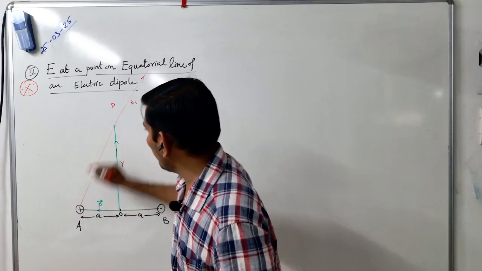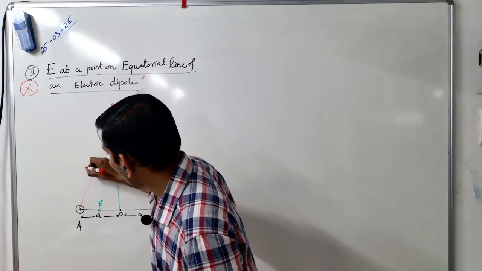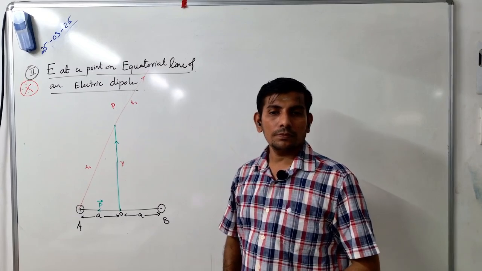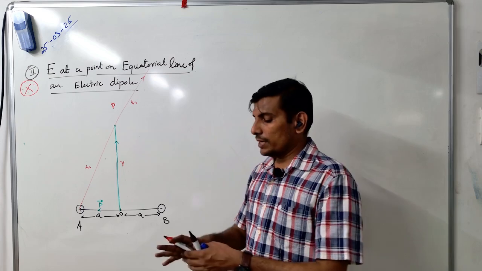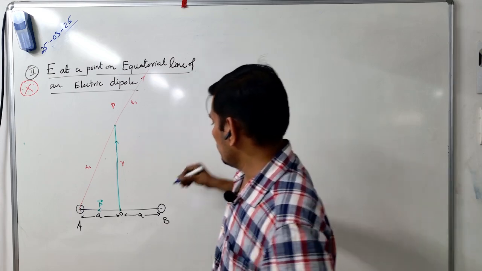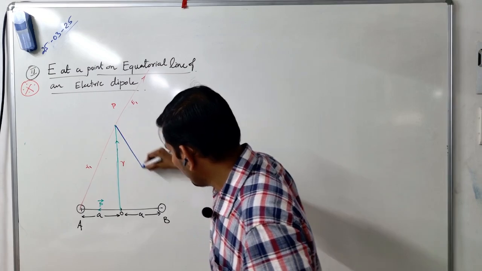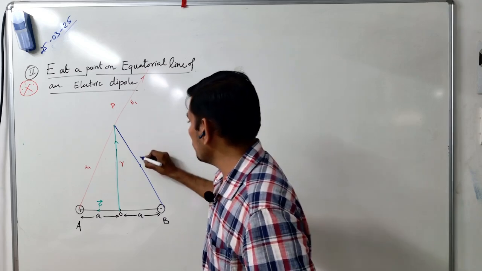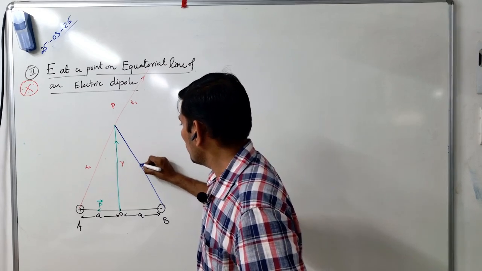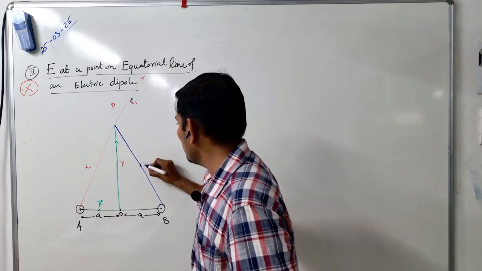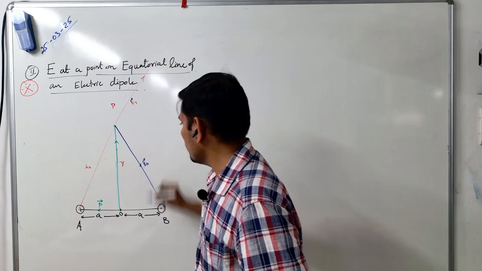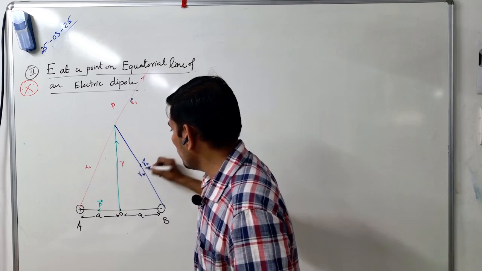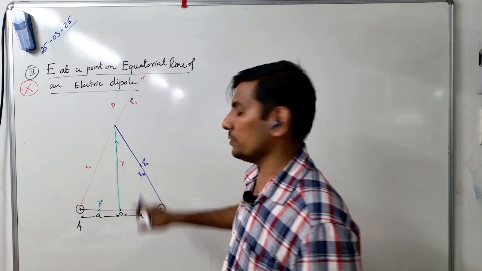The distance AP is called r1. And the electric field due to the second charge is going to be radially inward. This is E2. This is the E1 vector and this is the E2 vector. And this distance is called what, sir? r2. This is r, this is r1, this is r2.